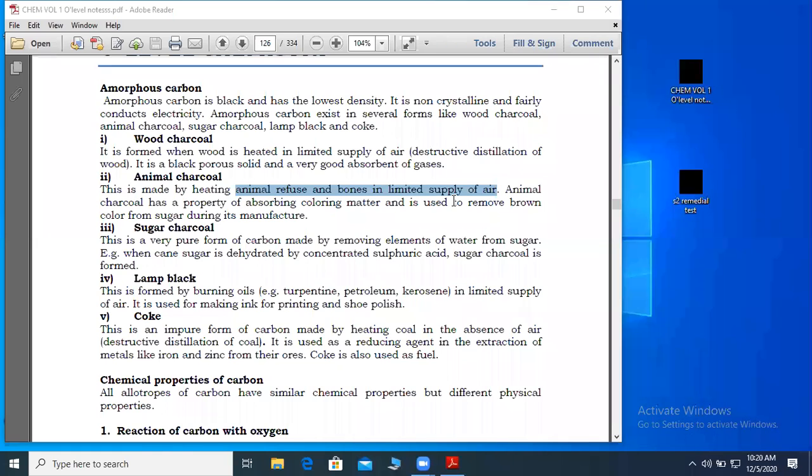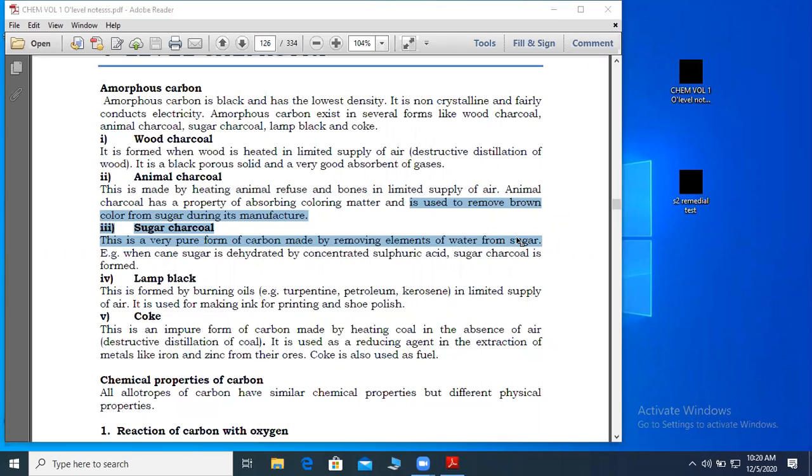So you add animal charcoal to the yellow sugar. The role of animal charcoal is to absorb or remove the coloring matter. It is used to remove brown color from sugar during its manufacture.